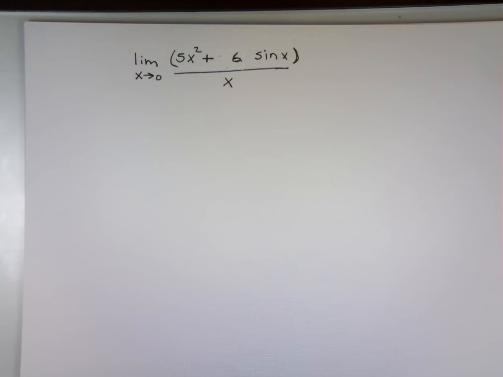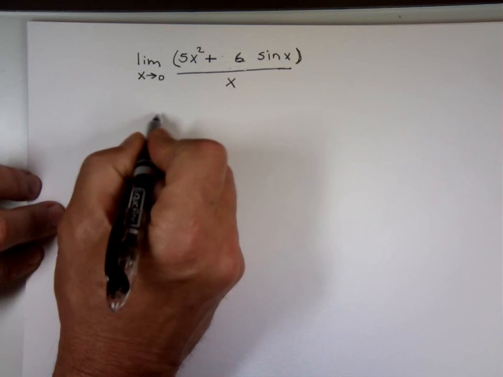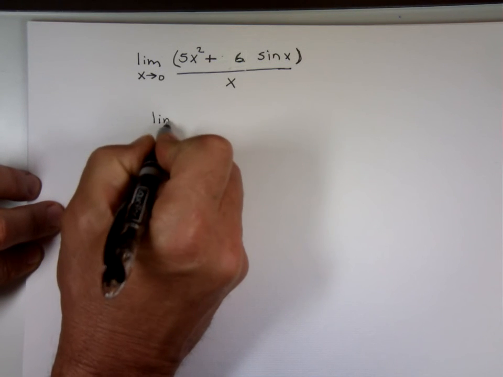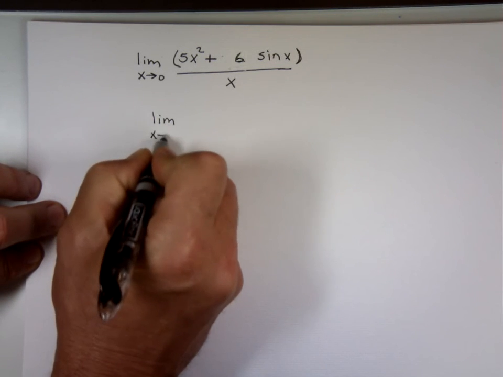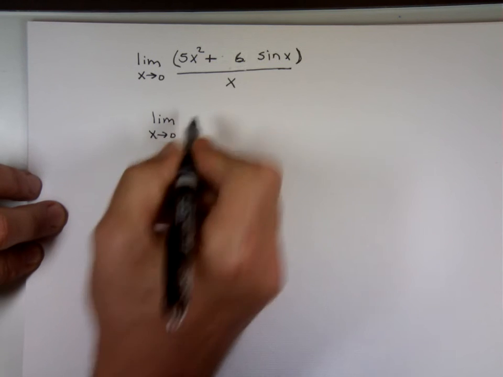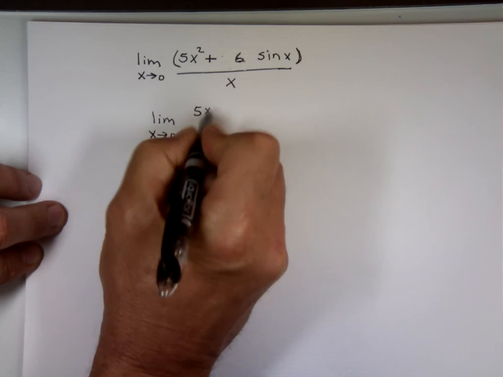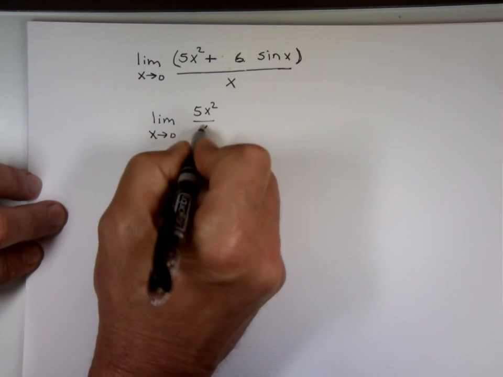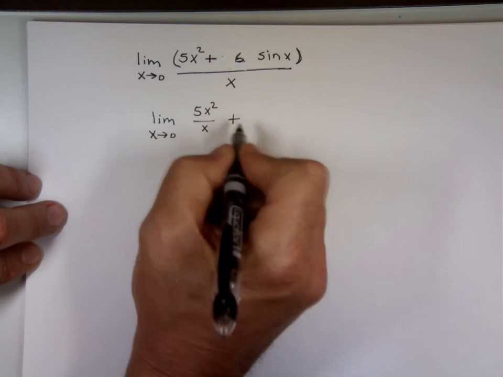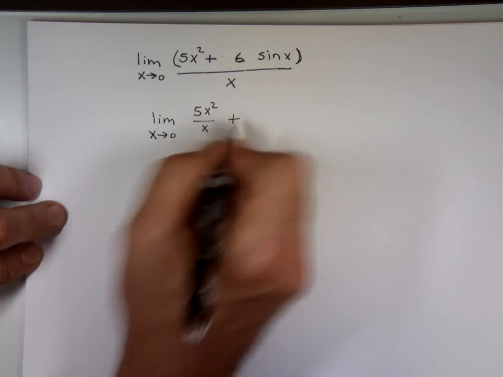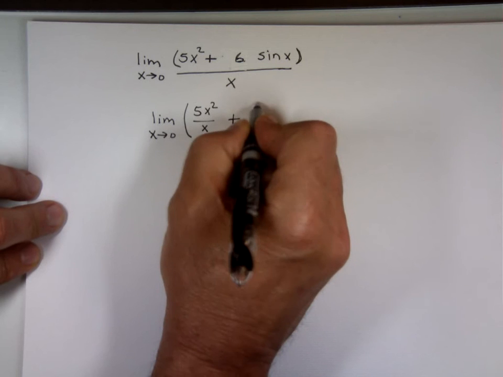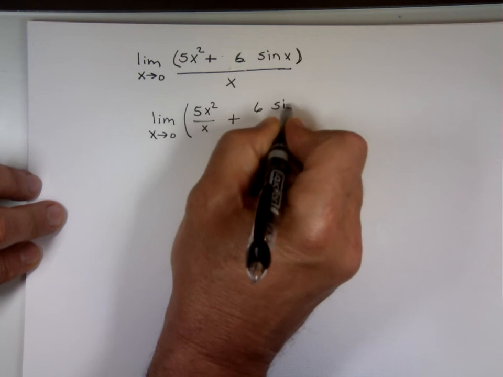So notice with this one, I might want to break it down into two problems. The first one is the limit as x approaches 0 of 5x squared over x, plus, because I can write it like this first, 6 sine of x over x.